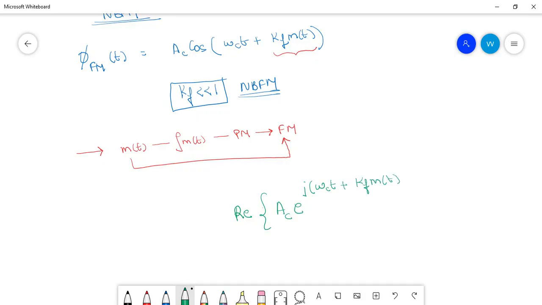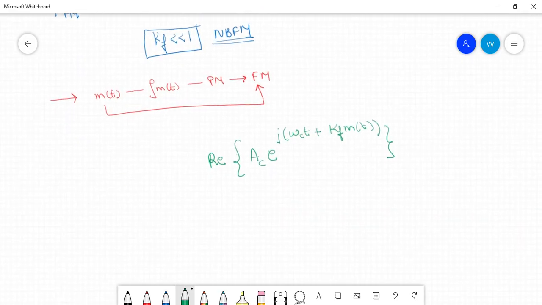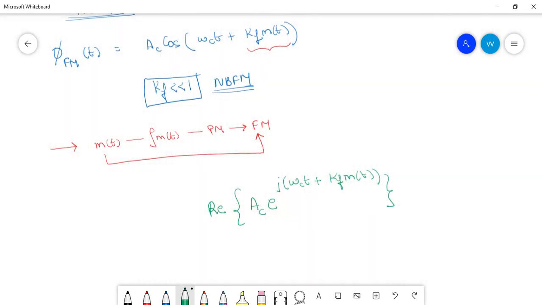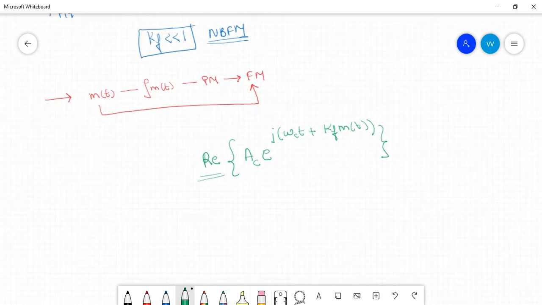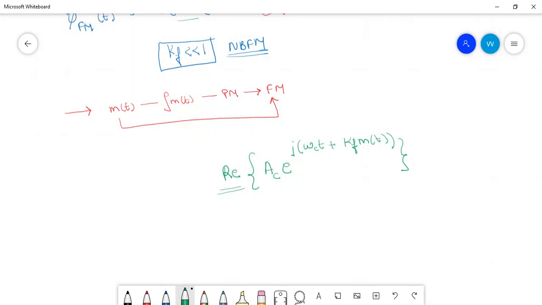The whole angle has now become the angle of your complex exponential. We all know that e to the power j theta is cos theta plus j sin theta, but we are only interested in the real part because we have only cos here, we don't have the imaginary part. So I can write this as phi_FM(t) to be this.